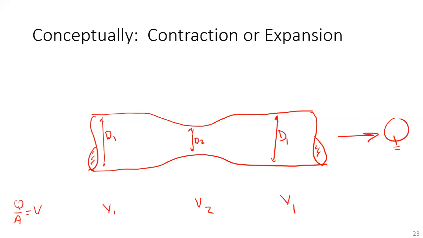At this location, the discharge over A1 would give us velocity V1. The discharge over A2, since A2 is smaller than A1, would give us V2. And then when we go back to the original diameter, V1. Is V1 greater or less than V2? Less than.